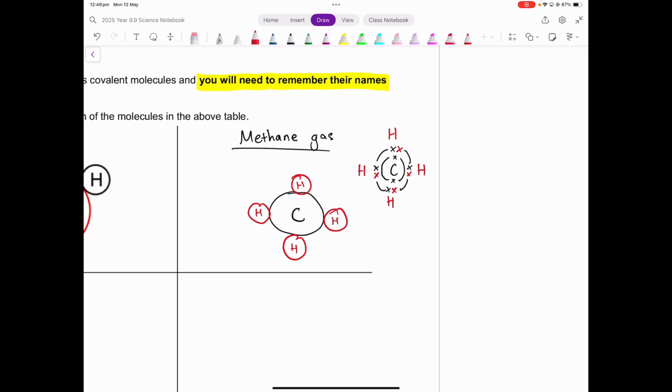What about hydrogen? Hydrogen wants how many in its outer shell ideally? If we look at our periodic table and our electron configuration rule, it was 2, 8, 8. So how many electrons does hydrogen really want in its outer shell? 2. How many does this hydrogen here have in its outer shell? 2. This one? 2.